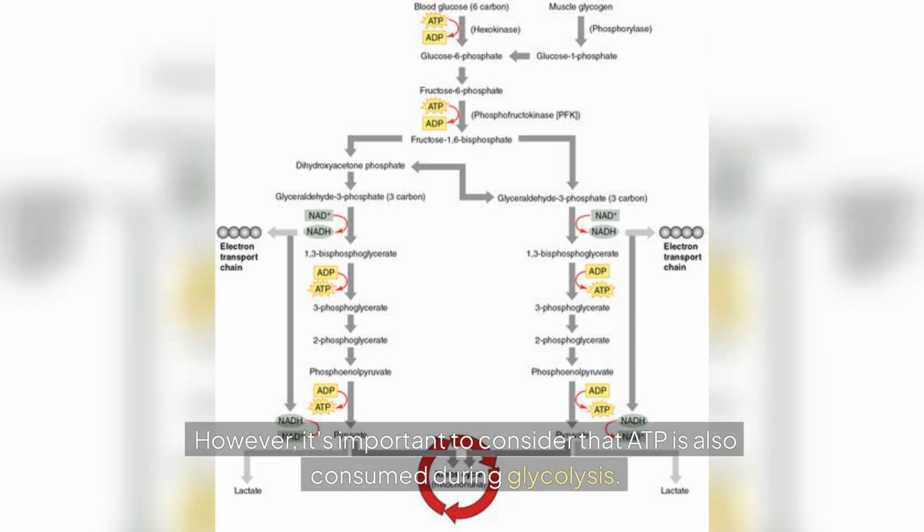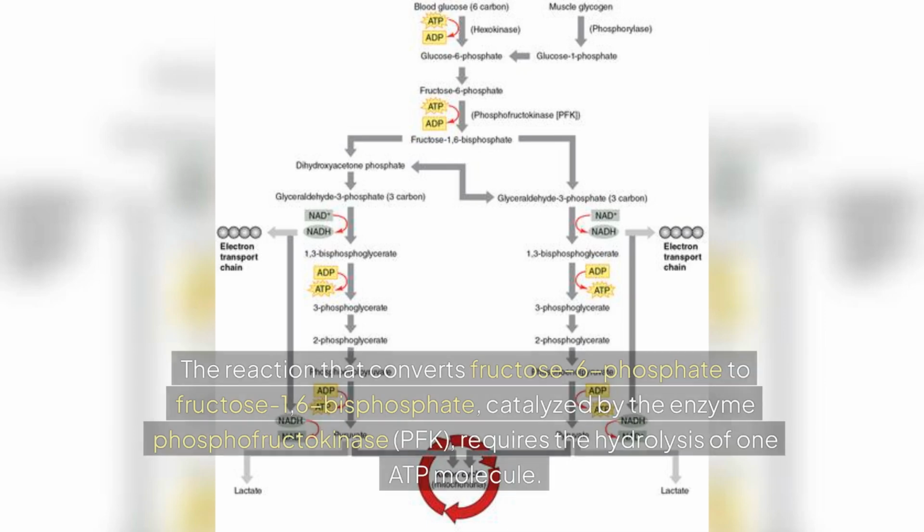However, it's important to consider that ATP is also consumed during glycolysis. The reaction that converts fructose 6-phosphate to fructose 1,6-bisphosphate, catalyzed by the enzyme phosphofructokinase, or PFK, requires the hydrolysis of one ATP molecule.